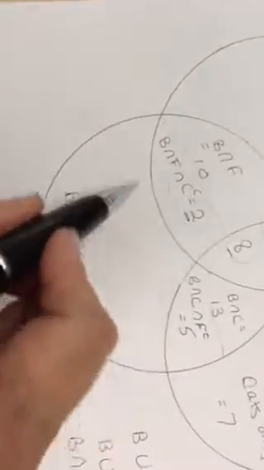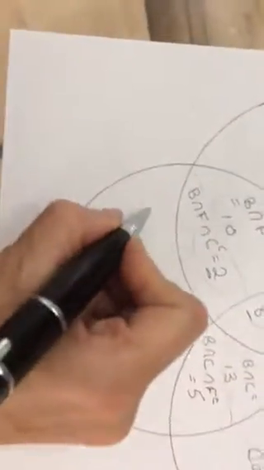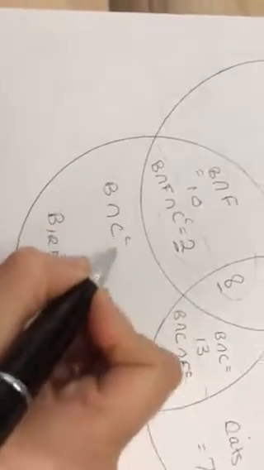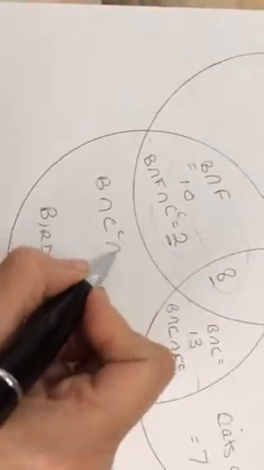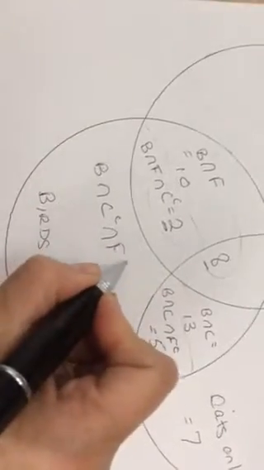All right, so now what we can figure out is, what is this section? What is the section that has birds but doesn't have any fish or cats? So birds, no cats, complement of the set cats, and complement of the set fish. What is this section here?